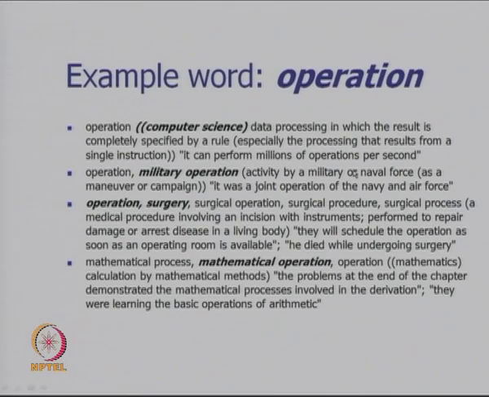It can perform millions of operations per second. So, this is an example sentence where operation is used in the computer science sense. Operation can be in the sense of military operation, activity by a military or naval force as a maneuver or campaign. It was a joint operation of the Navy and Air Force.